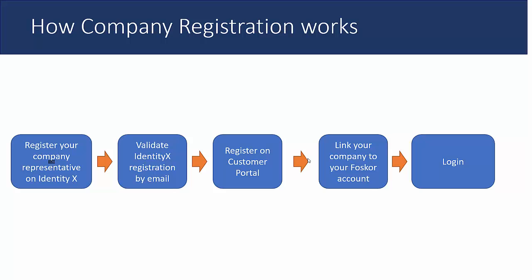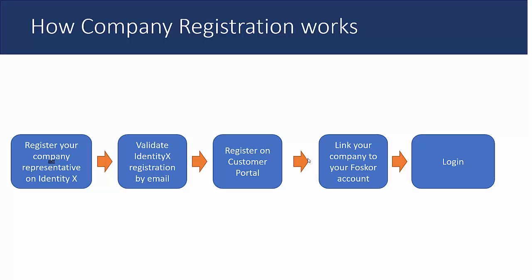The company representative is not expected to be the person who completes vehicle deliveries, vehicle registrations and driver registrations. So we start by registering the company representative on Identity X. Identity X is a standalone registration module that ensures governance and security of users with multi-factor authentication.